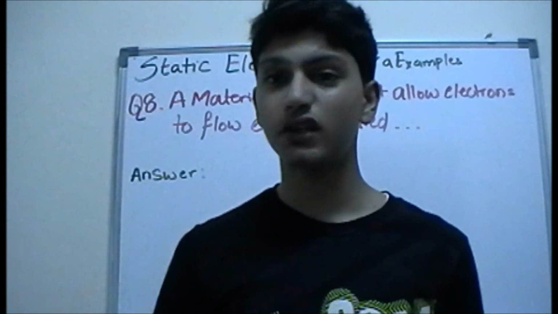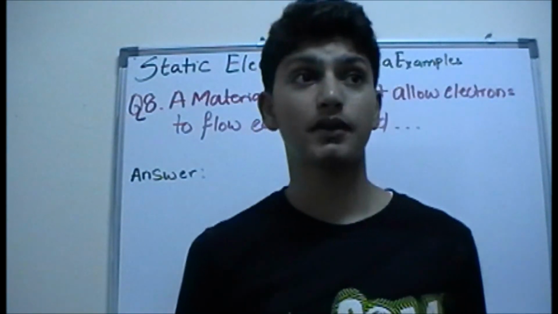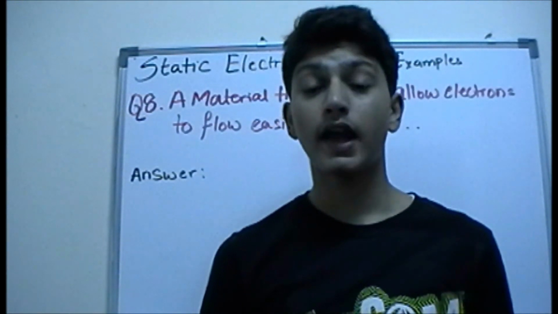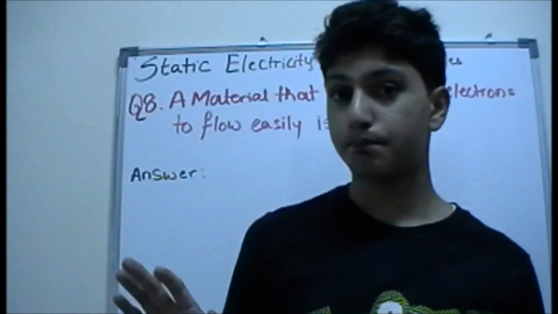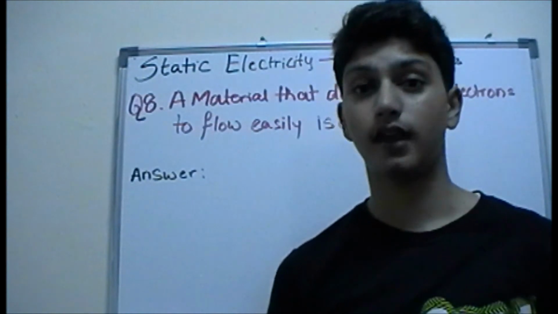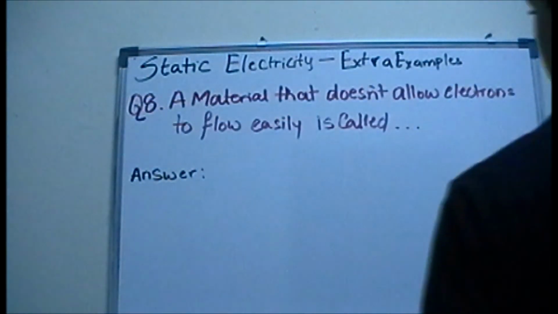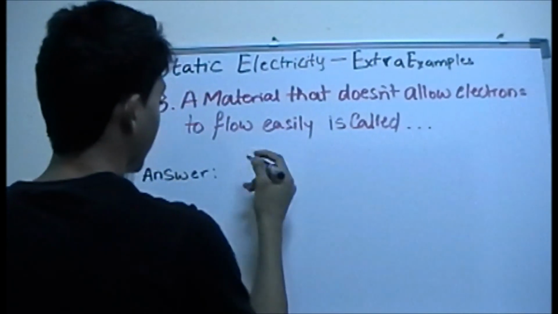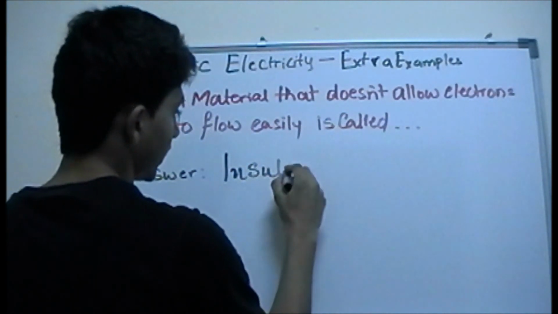The answer would be an insulator, because conductors allow them, and the opposite of a conductor is an insulator, which prevents them from flowing easily. So the answer would be insulators.